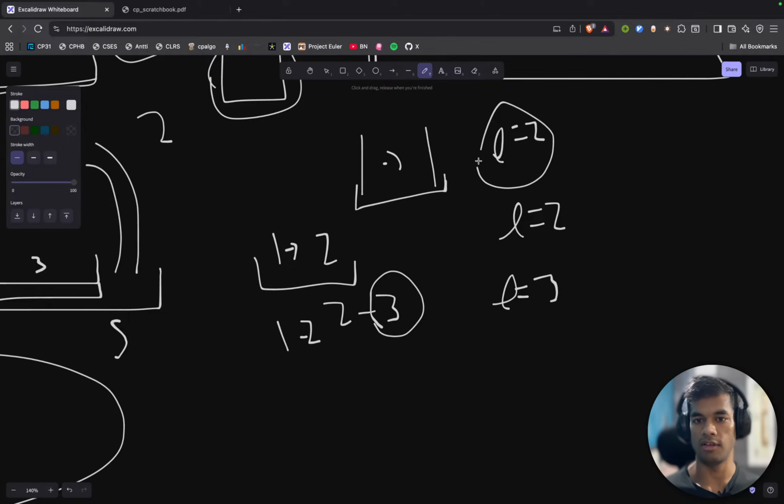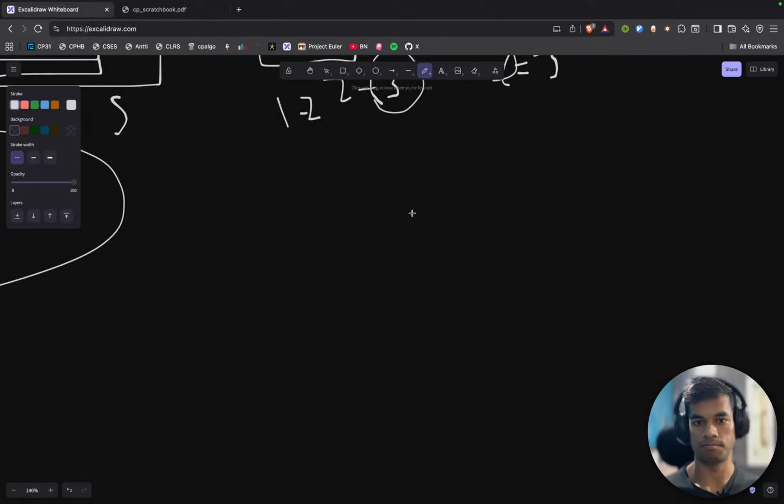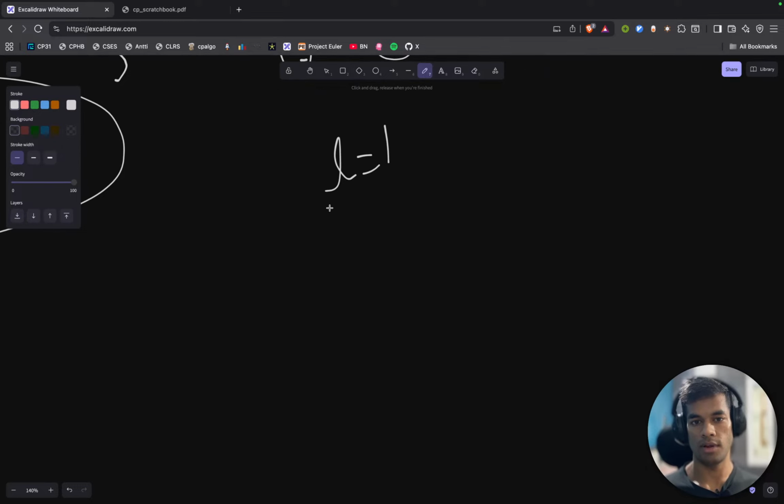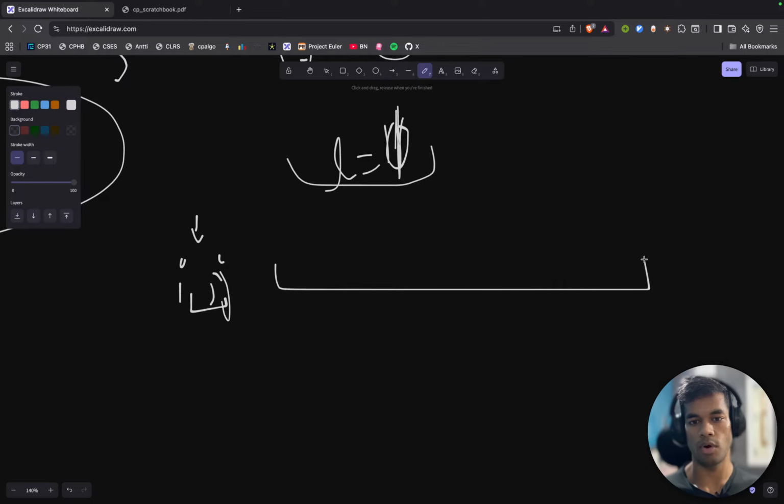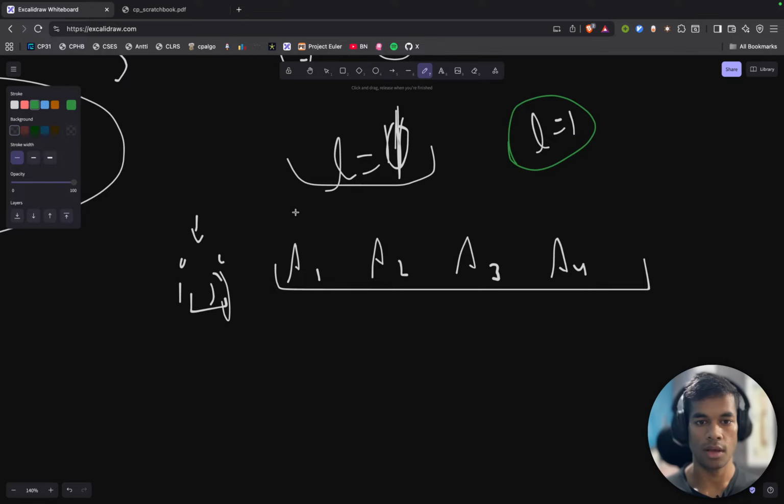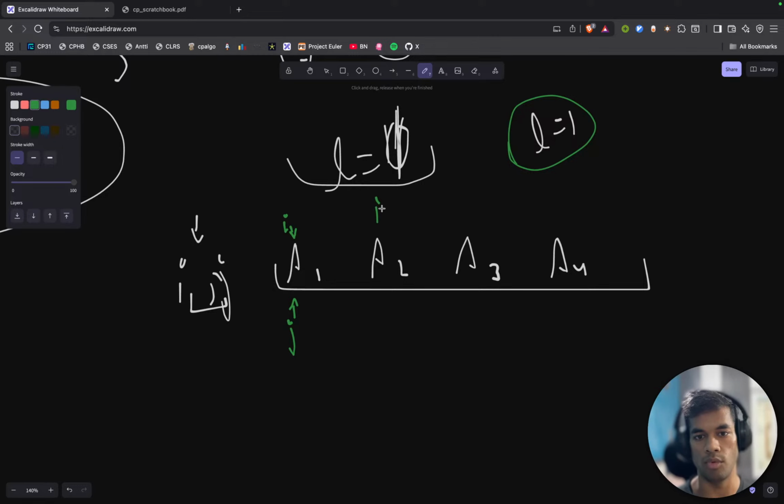So when our length equals 1, we will have one iterator i on the left and one iterator, let's say j, on the right, and their distance is always going to be equal to the length minus 1. Let's say we have a1, a2, a3, a4. When L equals 1 in our first iteration, which we are going to represent with the green color, initially i will point here and j will point here. Then both of them will move one step.